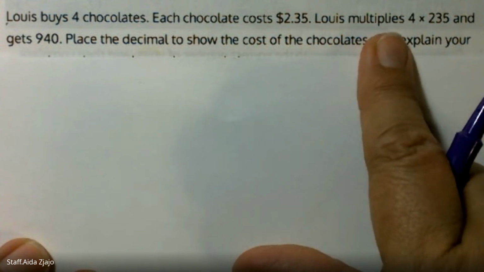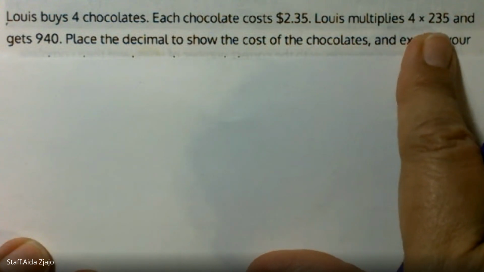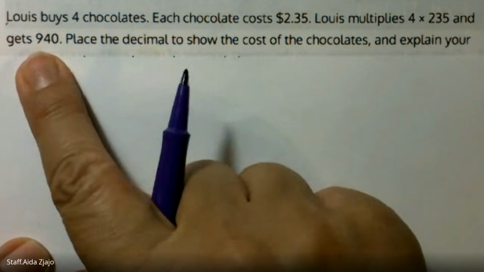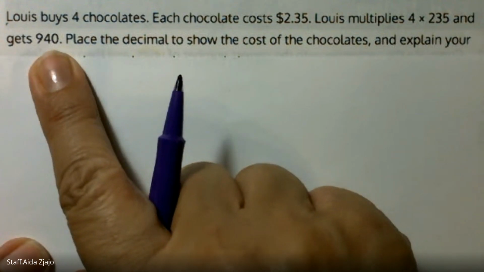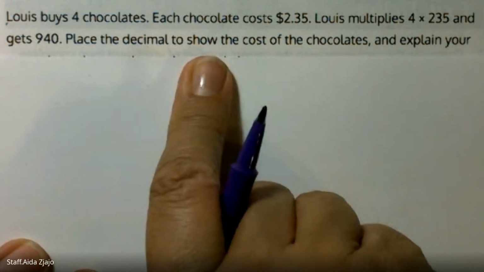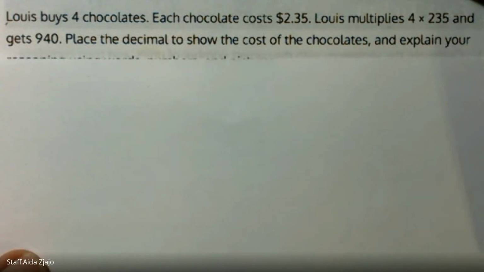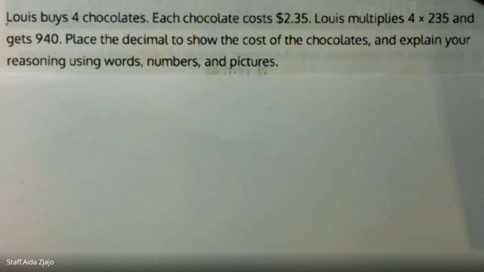Louise multiplies 4 by 235 and gets 940. Place the decimal to show the cost of chocolates and explain your reasoning using words, numbers, and pictures.